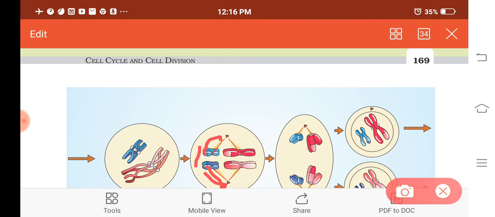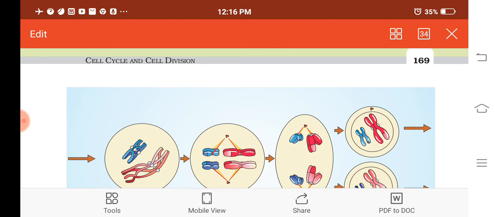So what will happen during the next phase? Here there is no splitting. In the mitosis metaphase we have seen that at the end of the metaphase the centromere splits and separates the chromatids of the same chromosome. But here that will not happen.